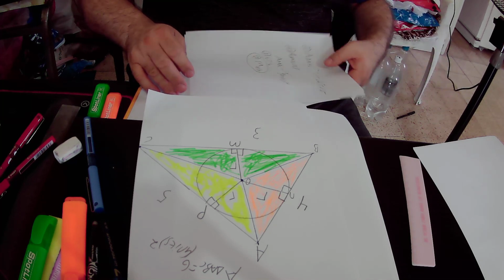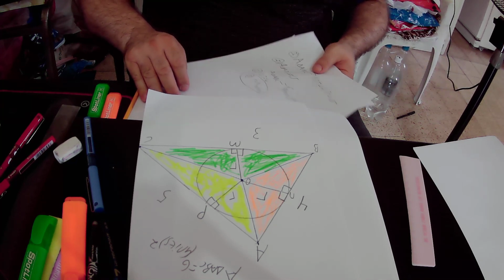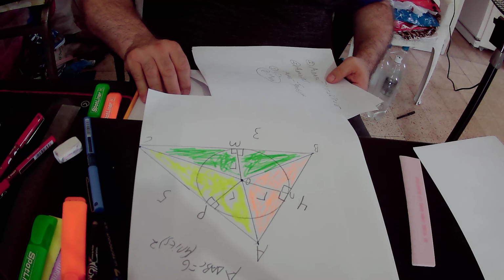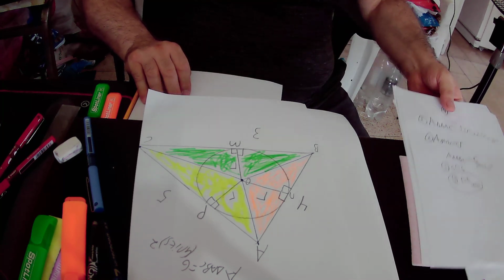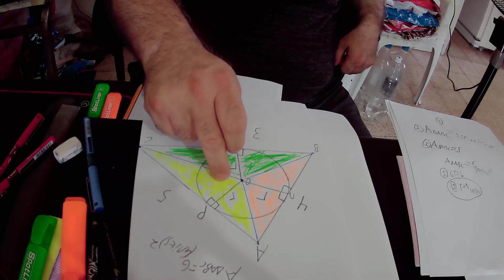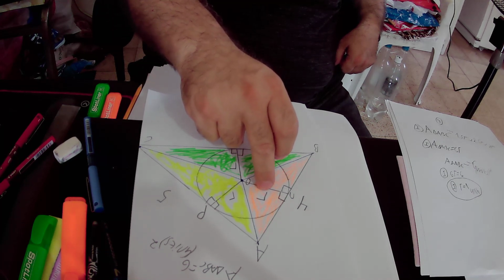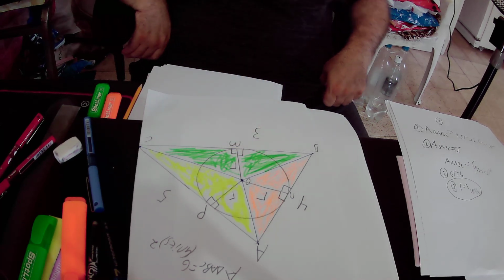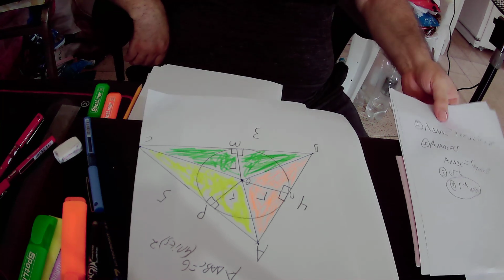But we also know that the area of the triangle ABC equals the area of the green triangle plus the area of the yellow triangle plus the area of the orange triangle. So we can write down the equation.